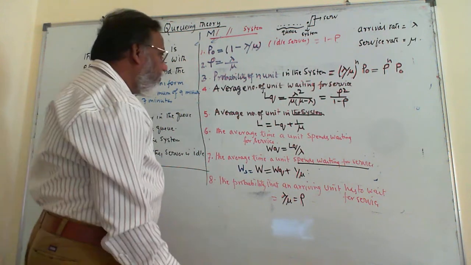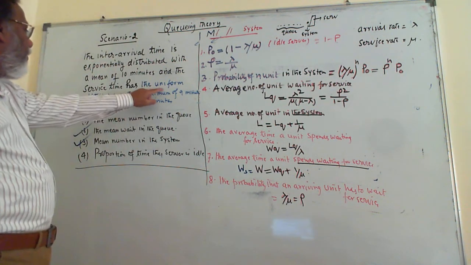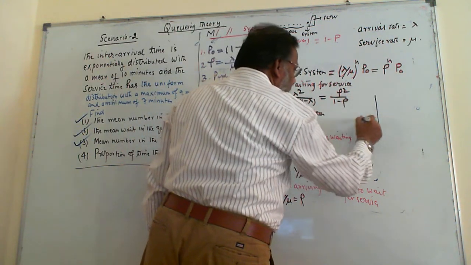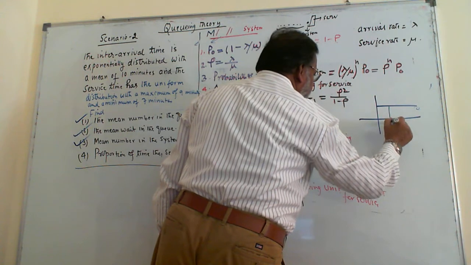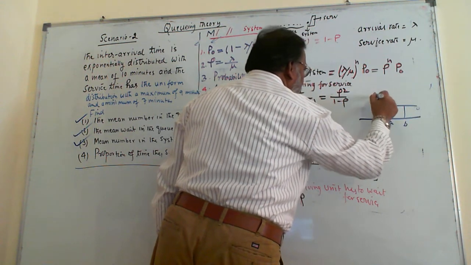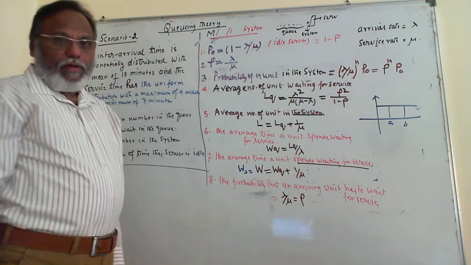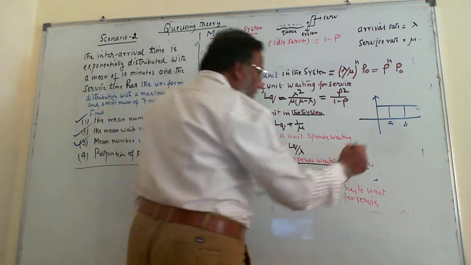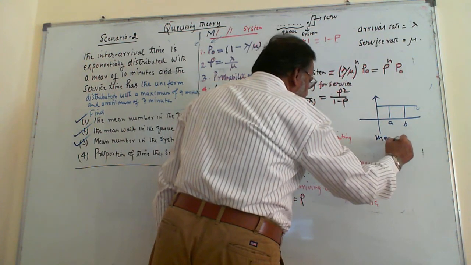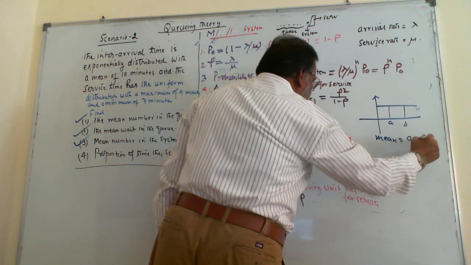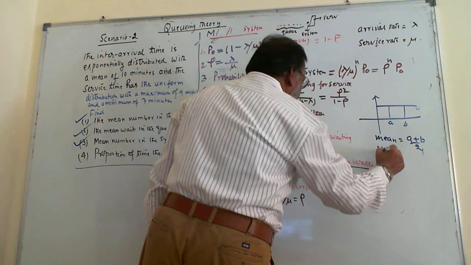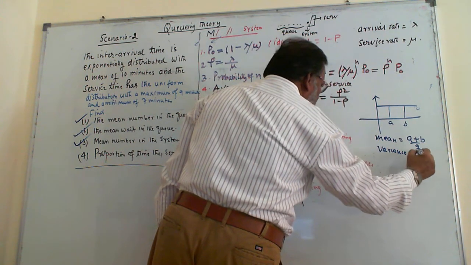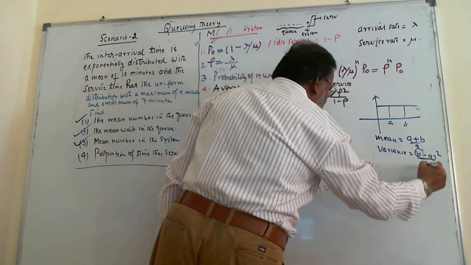So let us understand this uniform distribution. If you have learned statistics, we have seen that for a uniform distribution, the mean is (a + b)/2, and the variance is (b - a) squared over 12.